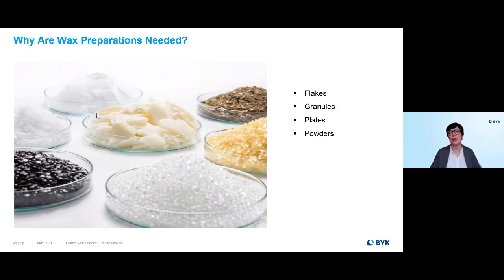And a paraffin block can be even this size or bigger, and it's pretty difficult to handle in a production. So that is the reason for making additives out of it, to get it in a much better handled particle size distribution.